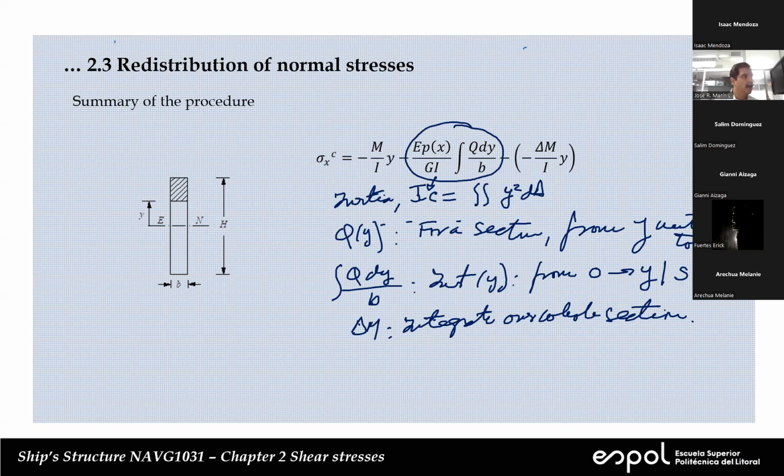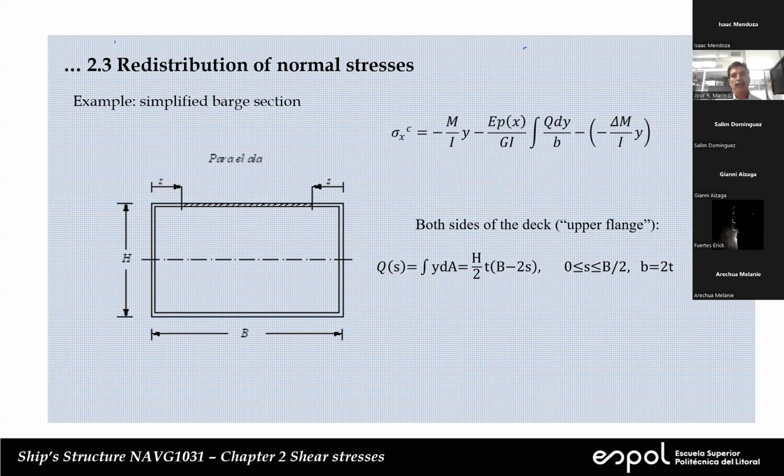Let's go on. Now, this is a section that we're going to analyze. It's a barge, of course, simplified. Let's assume that we have this rectangular section. It's similar to the section of a barge. I know the barge is more complex than this, but in a simplified way, this is what we can see.